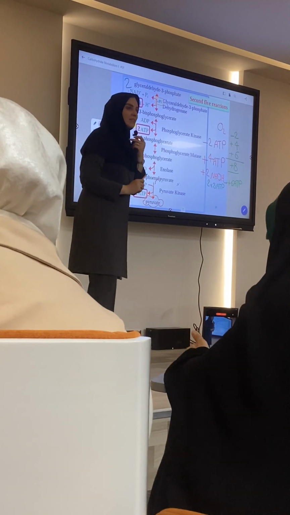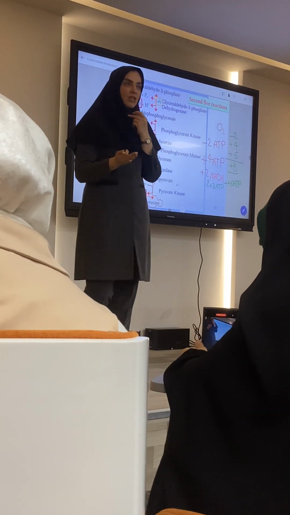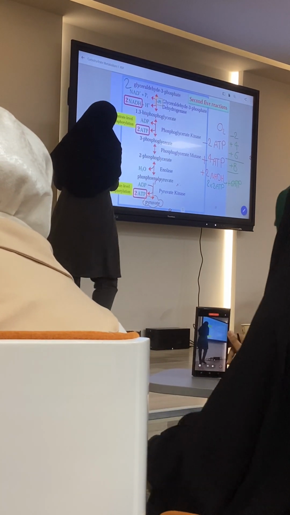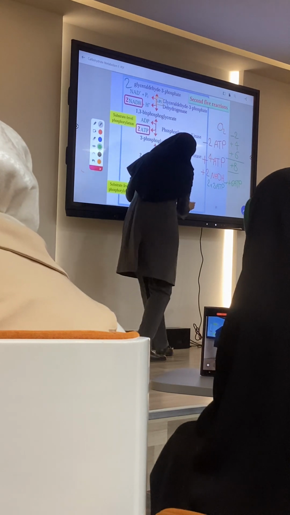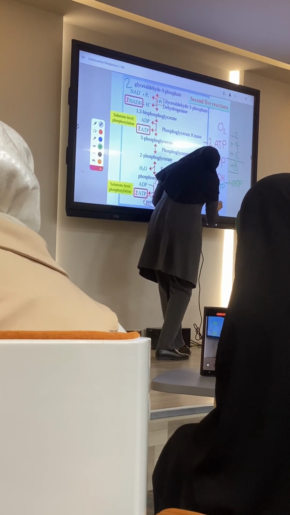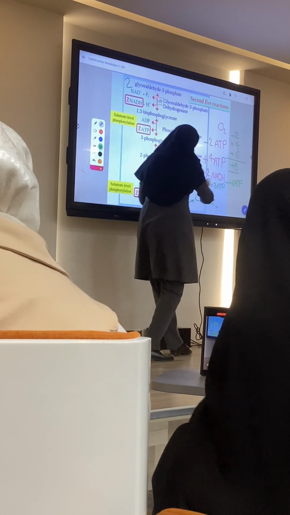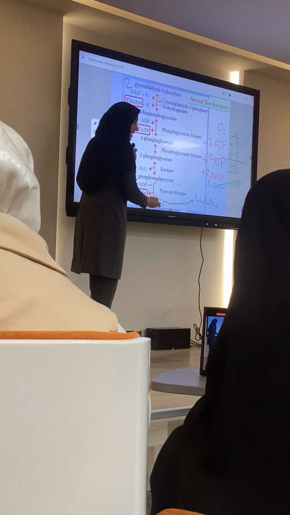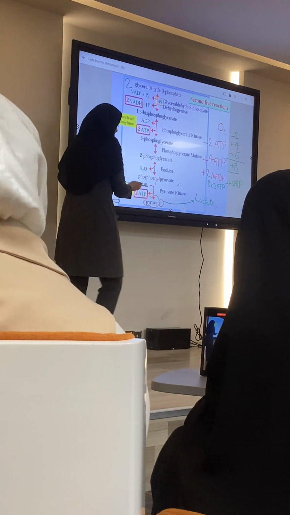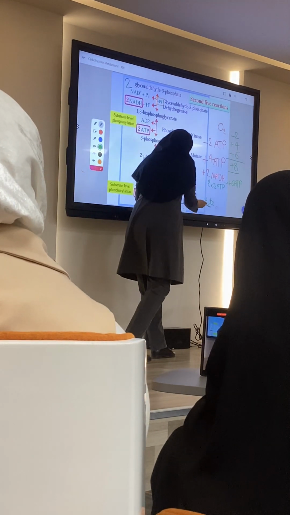But what about the lack of oxygen, or anaerobic? After this reaction, pyruvate converts to lactate. Okay, I want to compare this one, in an anaerobic reaction. For anaerobic, pyruvate converts to lactate.